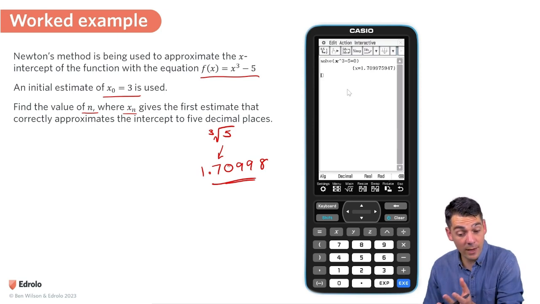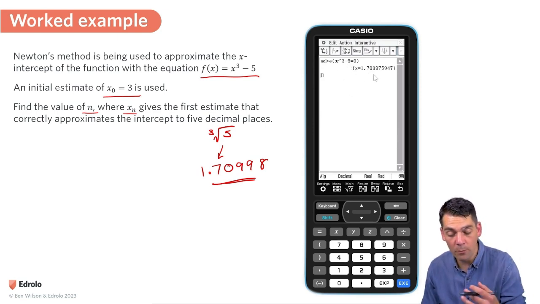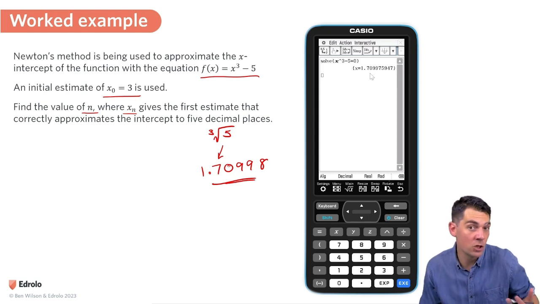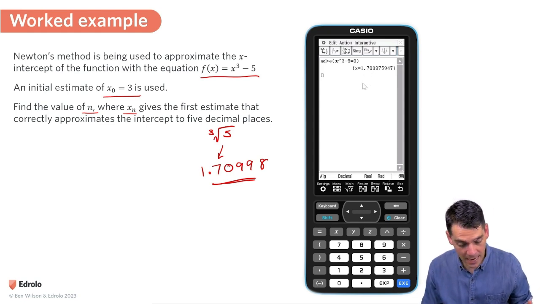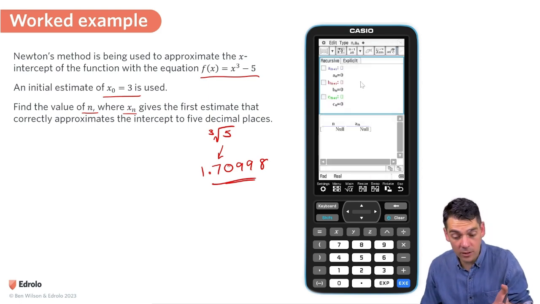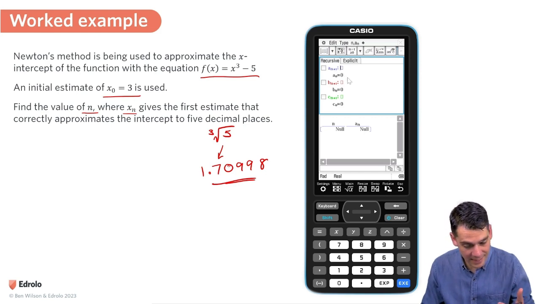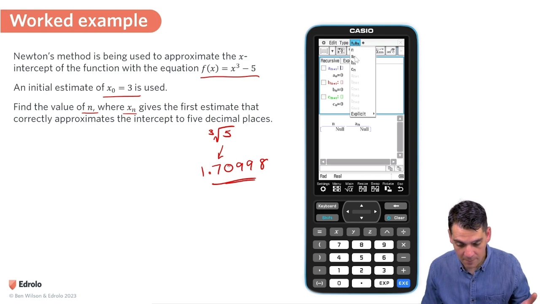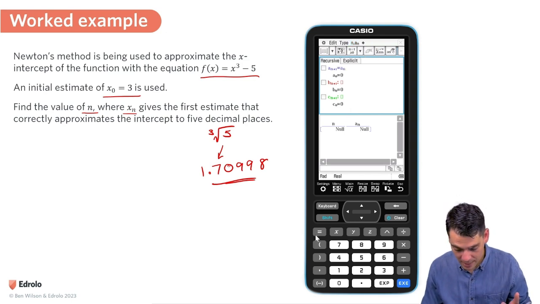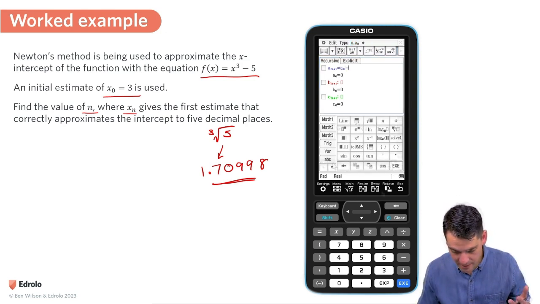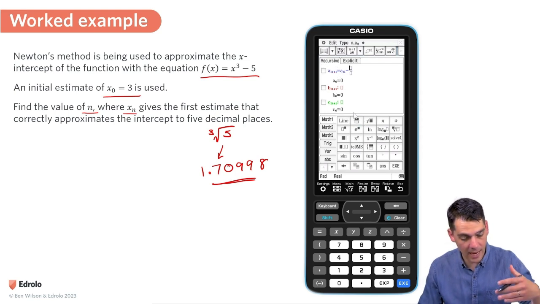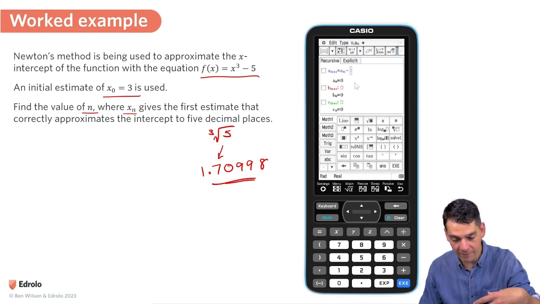Okay, so before we get into our sequence, we can see here that we've solved the function equal to 0 to get that 1.70998 if we didn't know it was a cube root of 5. So let's look at our sequence. So we're in the recursive section here. We're going to use an plus 1, and we want to set up our iterative formula, if you like. So we're going to use an, so the previous answer, minus f of x divided by f dash of x.